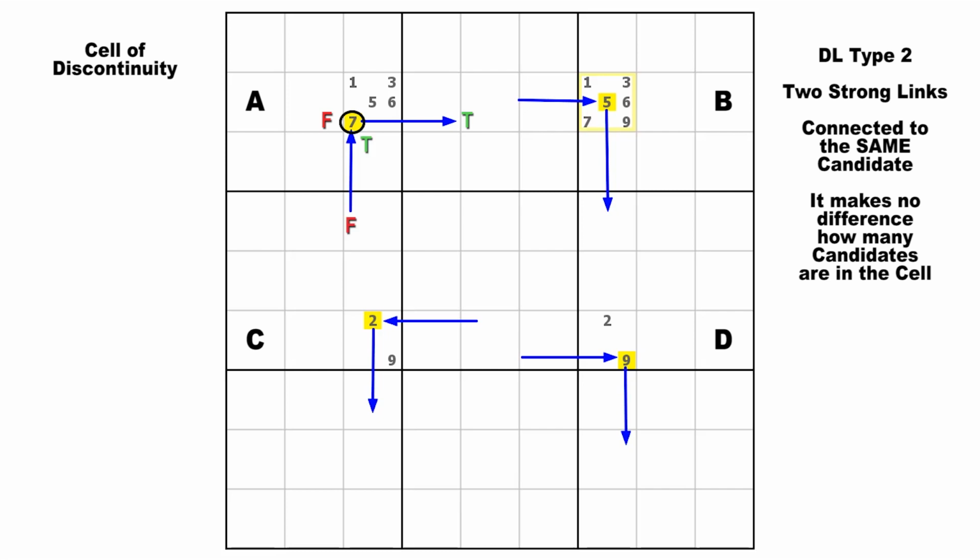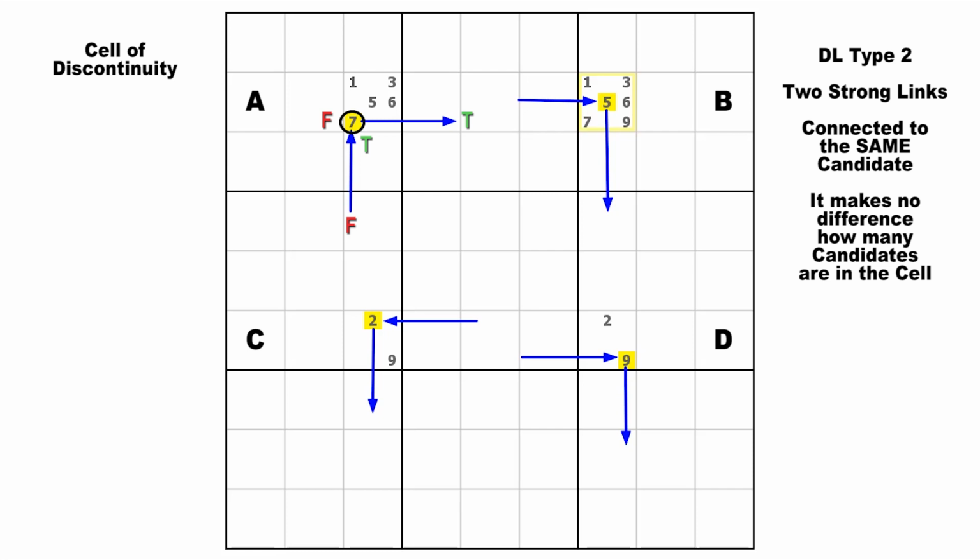So your chain of inferences will essentially be saying, if the 7 is false, then the 7 is true. And again, this sounds crazy. It is another contradiction, except this one is the exact opposite of a DL type 1. And because this is a contradiction, we know that the original premise must be false, right? And what was the original premise here? It was if the 7 is false. So now we have a double negative.